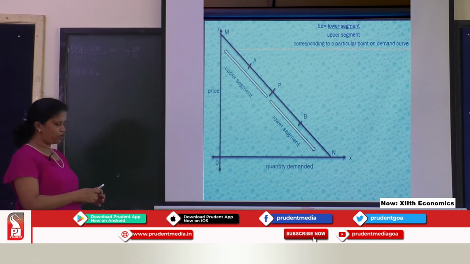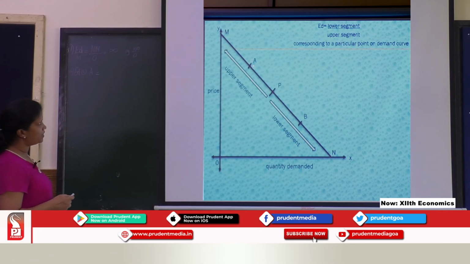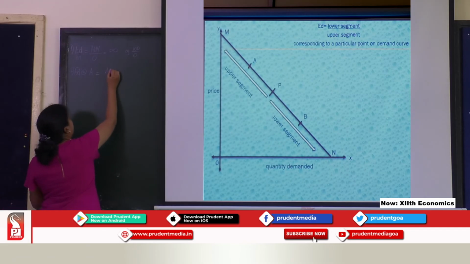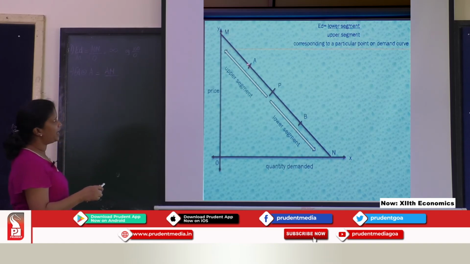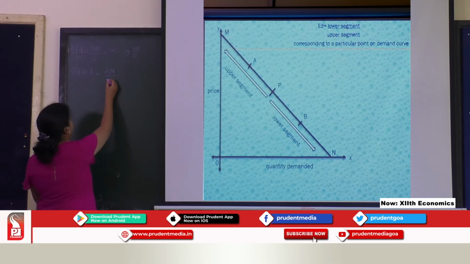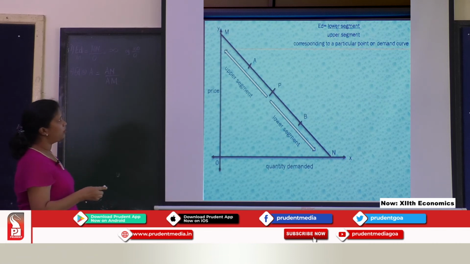Now, at point A, what do you observe? Lower segment is AN. What is the upper segment? MA, right? Now, we know that the lower segment is greater than the upper segment.